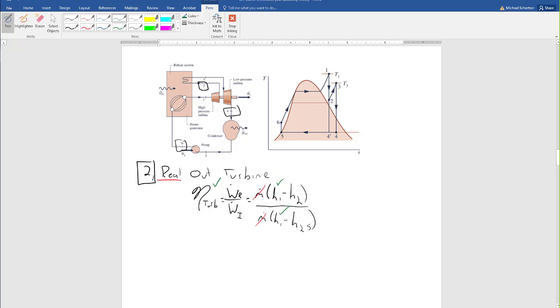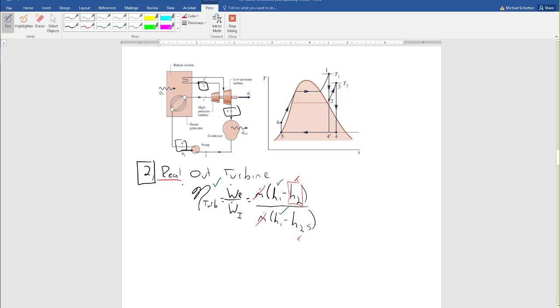We know the inlet enthalpies, but we don't know H2S, and we don't know H2. We're going to use this expression, though, to find H2. So let's isolate H2 here.